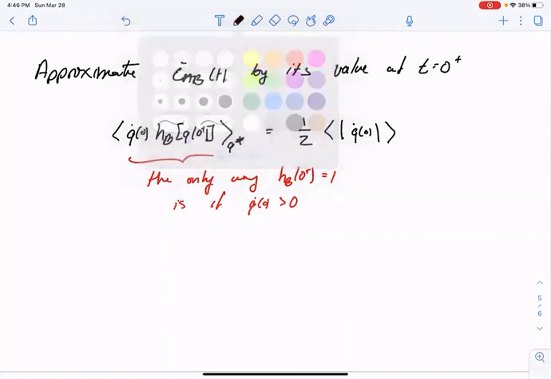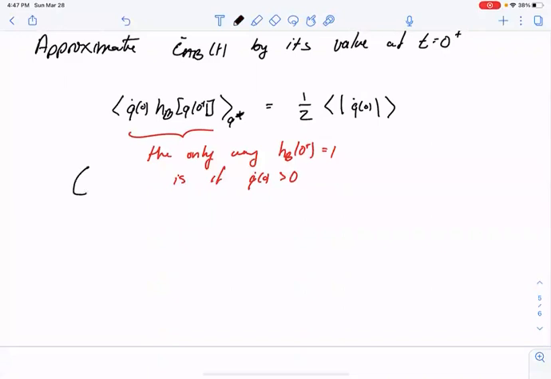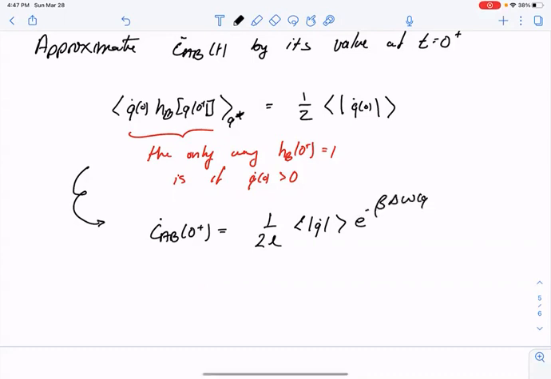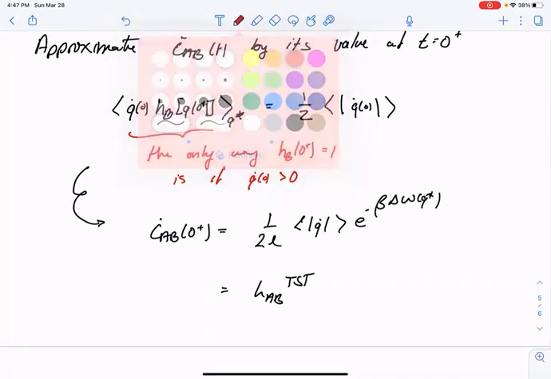Inserting this back into the correlation function, I have C_AB dot at 0 plus is equal to 1 over 2L, L being the extent of that A basin, the average Q dot, and now the probability to get to the top of the barrier. And this is, in fact, what is known as the transition state theory estimate of the rate.